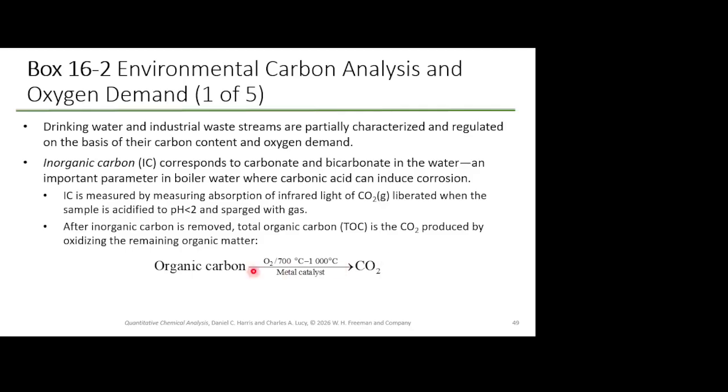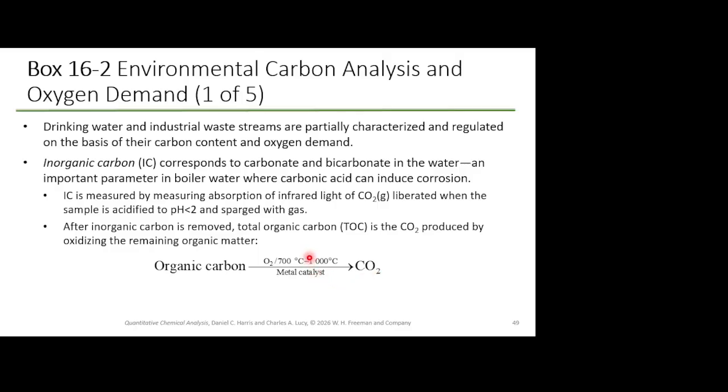Okay. This, by the way, is how you can convert the organic carbon into CO2. You use plenty of O2 at 700 to 1000 degrees Celsius temperatures. Notice that's basically kiln temperatures, right? Same sort of thing we were talking about before. That was why we did that. Remember where we did the procedure last semester where we were taking the iron and we were getting rid of the filter paper?